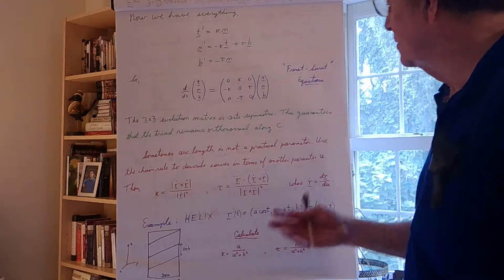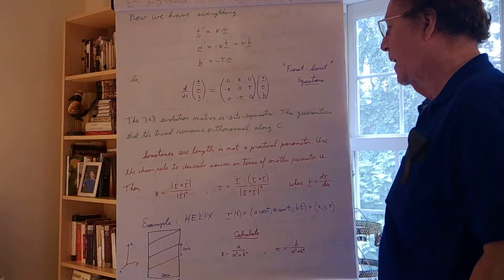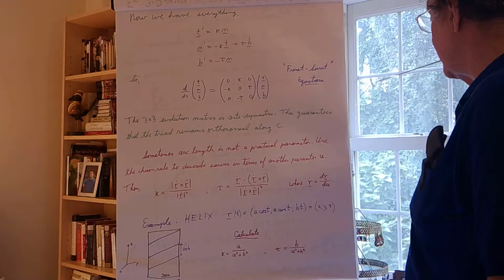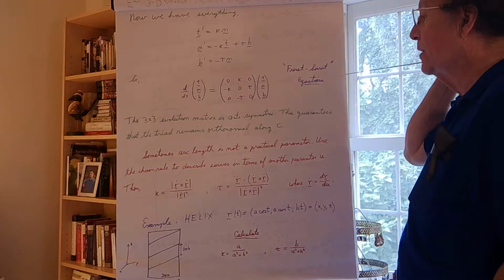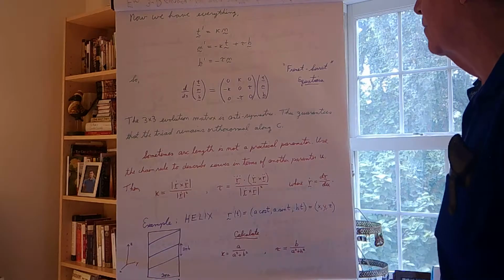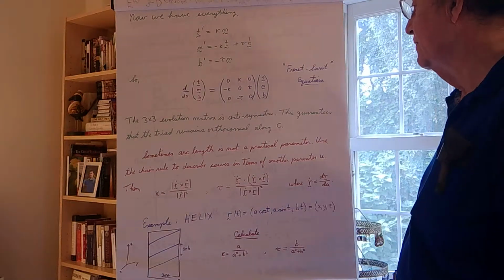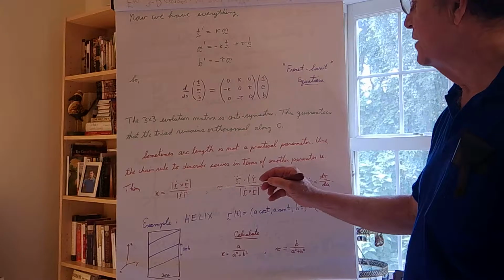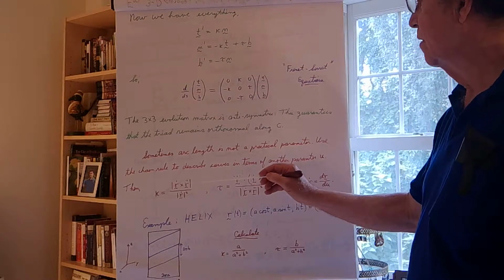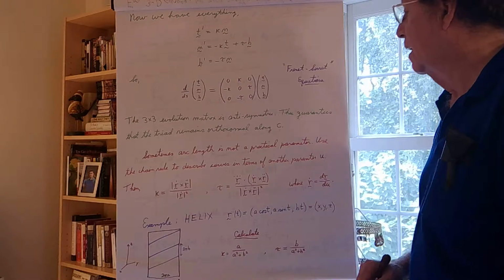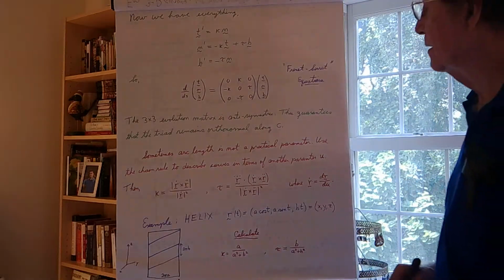And so I do those exercises, and then I come away with these results, and these results are, at least in part, derived in your supplementary lecture notes. Okay. So we'll find that the curvature is the ratio of r dot crossed into r double dot divided by r dot quantity squared.